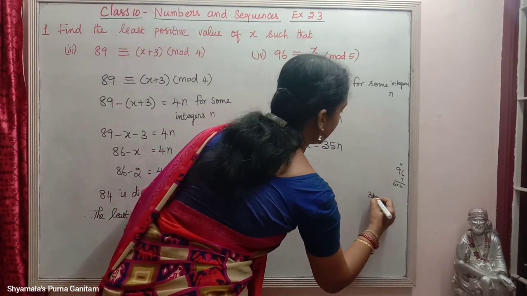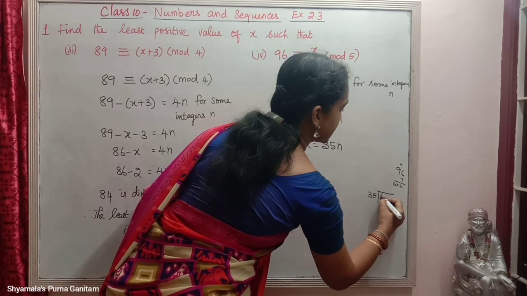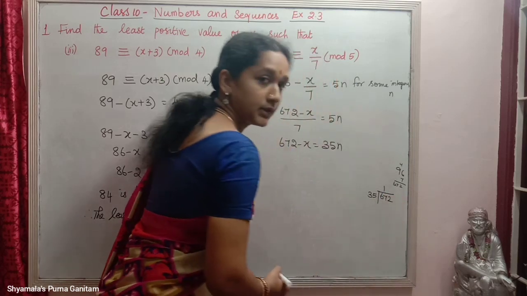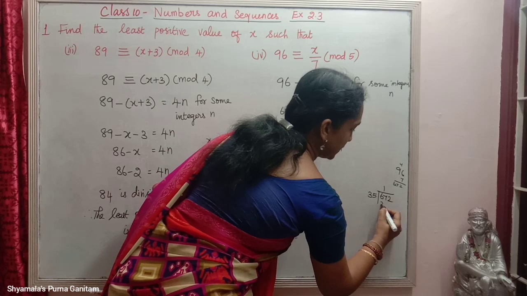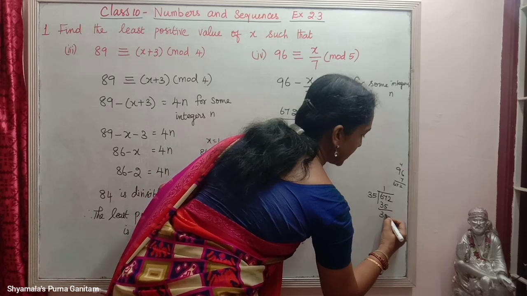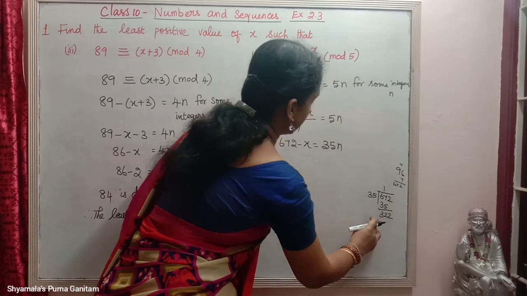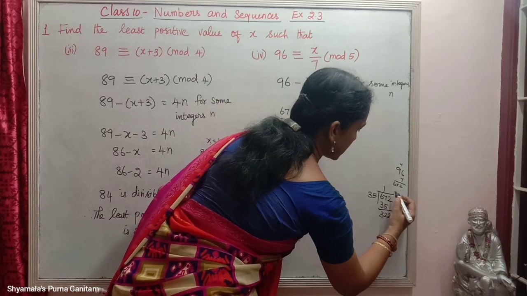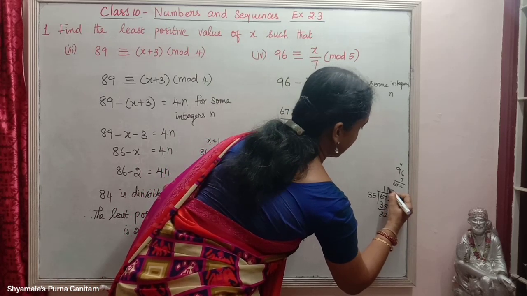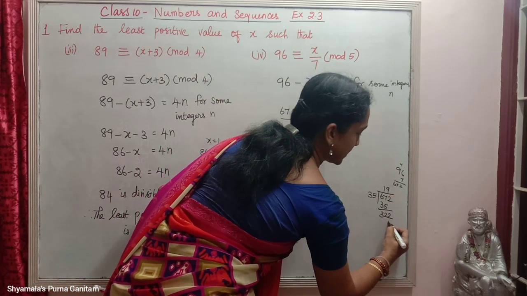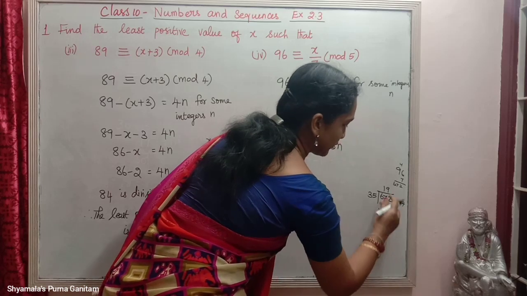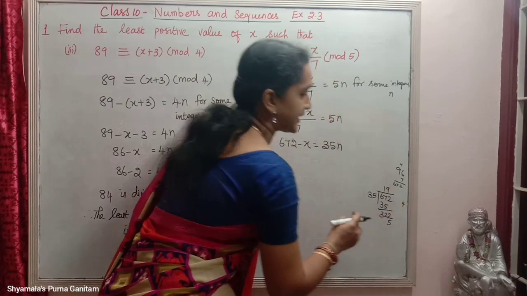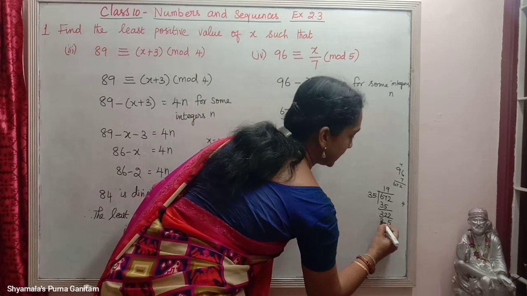When I divide 672 by 35, 1 time 35, balance is 322. 9 fives are 45, balance 4. 9 threes are 27, 27 plus 4 is 31.